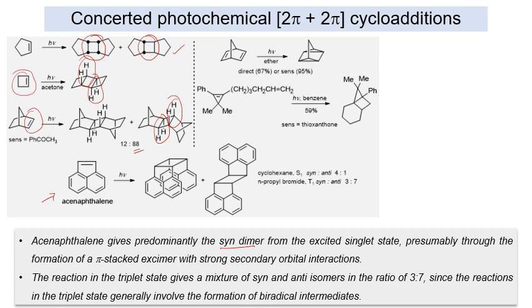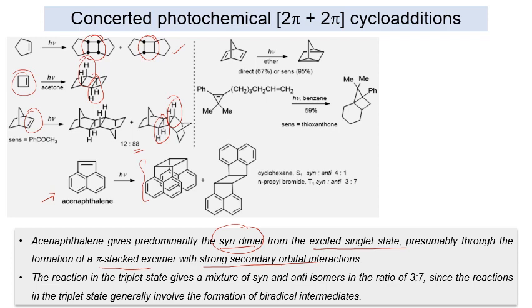In the syn dimer, we have an excited singlet state which is formed by a pi-stacked excimer, an excited dimer. So in this particular case, there is a strong secondary orbital interaction, which leads to the syn dimer being formed preferentially over the anti dimer.